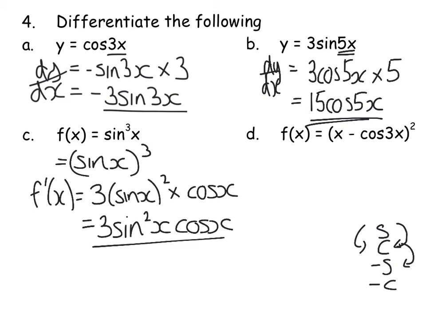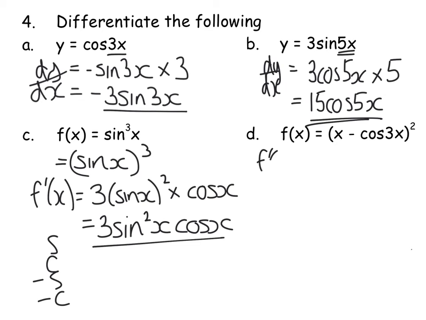Okay, and similarly with this other one, we're going to do the same again. I'm just going to rub this out and make a wee bit of room for myself. So I've got sine, cos, minus sine, minus cos. So there's my wee thing to help me. Right, so f dashed x in this case will be times by the power, leave your bracket alone, lower the power.